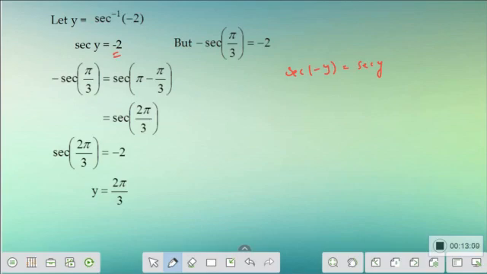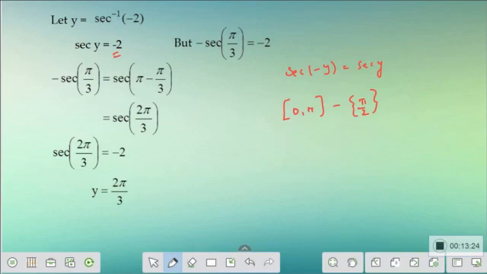And let us try to know what is the principal value range for inverse secant. The principal value range of inverse secant is the closed interval 0 to pi, but you won't have the value pi by 2. It is all the values from the closed interval 0 comma pi except pi by 2.